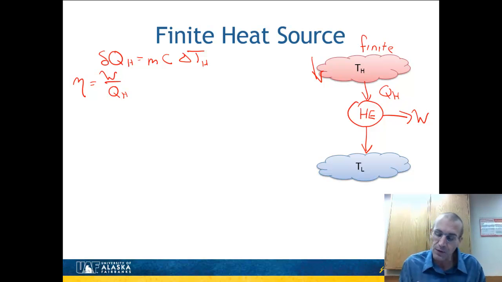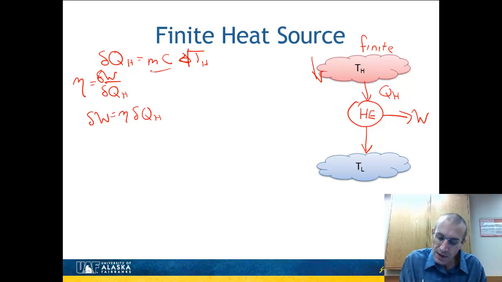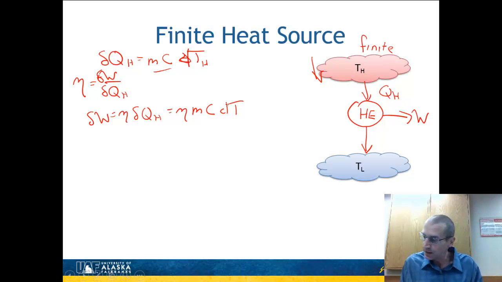So let's consider a differential change in QH. That will make this equal to dT. And I can write my efficiency as del W over del QH. Now, if I rearrange this equation for del W, it is equal to eta del QH. And now I'm going to substitute in this expression there, so this becomes eta mc dT.